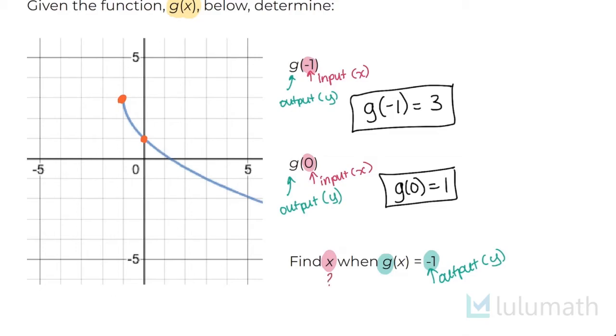So I'm going to go to negative 1 on my graph for my y value. I'm going to go to negative 1 right here, and I'm going to see where my graph hits negative 1. And it hits negative 1 when x is equal to 1, 2, 3. So this will happen at x equals 3.